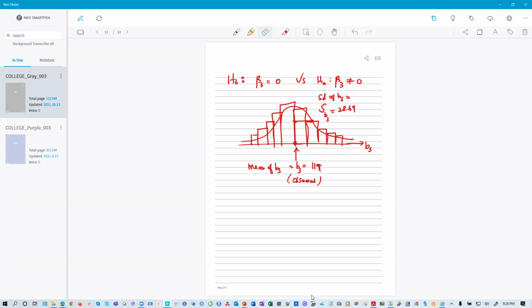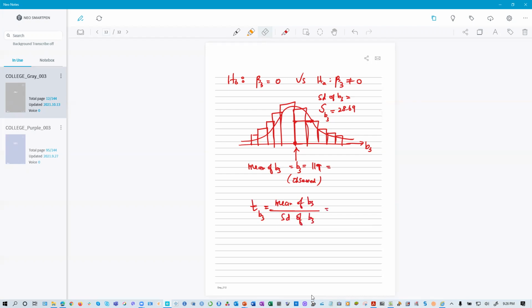That's why now they need something called a T. T for B3 is nothing but the mean of B3 divided by the standard deviation of B3.